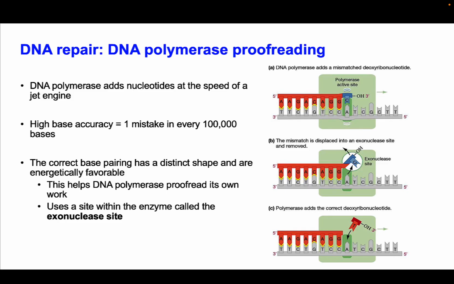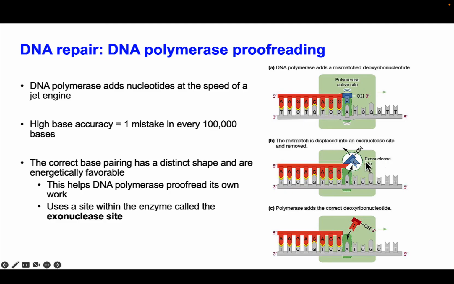The correct base pair has a distinct shape, and these pairs are energetically favorable. So it's going to be hard for DNA polymerase to move on from this site. What's going to happen is this base with this phosphodiester bond is going to move into a site in the enzyme that's called the exonuclease site. And once that base is in that site of the enzyme, the phosphodiester bond is going to get cleaved.